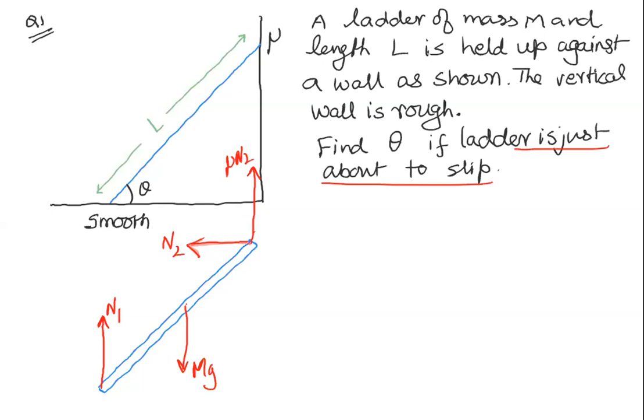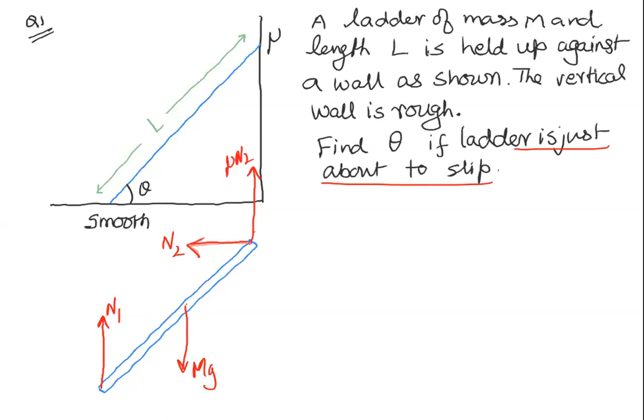Now, if you remember from our discussions in Newton's laws of motion, especially when we were dealing with friction, just about to slip means that equilibrium is still there, right? Acceleration is still zero. However, the value of friction has reached its maximum value.